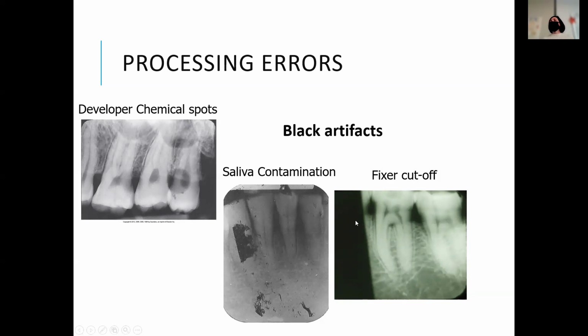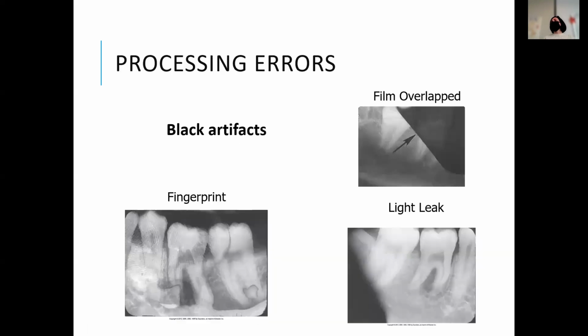But just remember, if it's a fixer cutoff, it didn't ever get fixed on this portion of the film. So say the fixer solution was low and that part of it got missed and it only got developed on that side. So it came out black. If it's white, you're going to have the opposite. So we'll see that in a second.